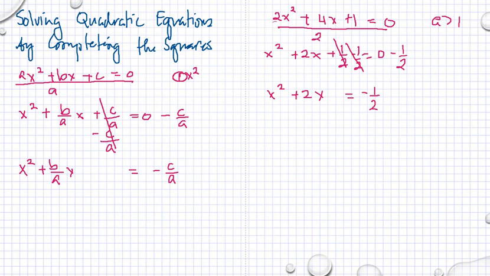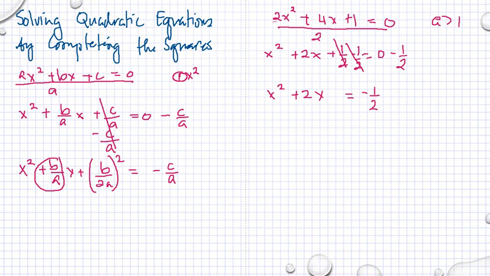Okay? Then the last thing that you're going to do is that you take half of the middle term. This one is our middle term. Take half of it and then square.